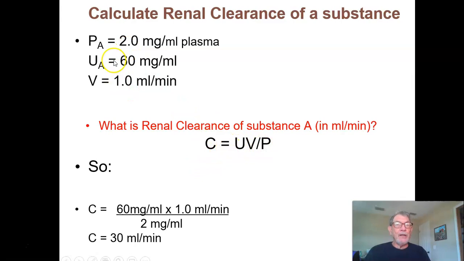UV over P: 60 times 1 divided by 2. Remember, I said these numbers are easy. 60 times 1 is 60, divided by 2 is 30. So your clearance rate, you're clearing 30 mLs of blood per minute of this substance. It's simply UV divided by P that will tell you the number of mLs per minute that are being cleared of that substance.